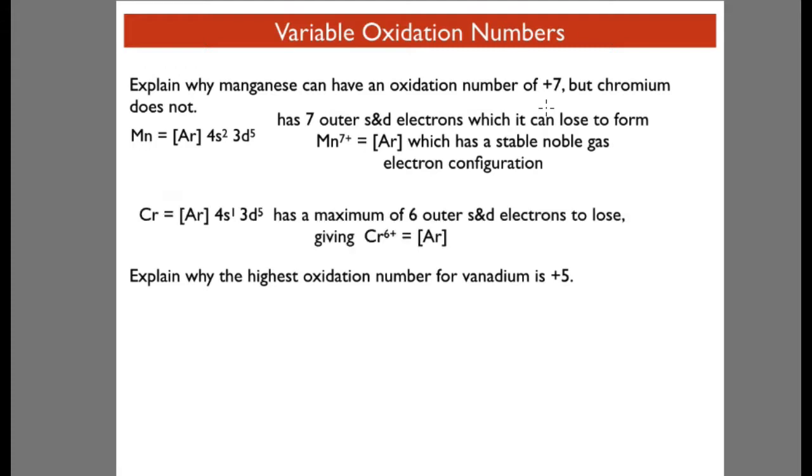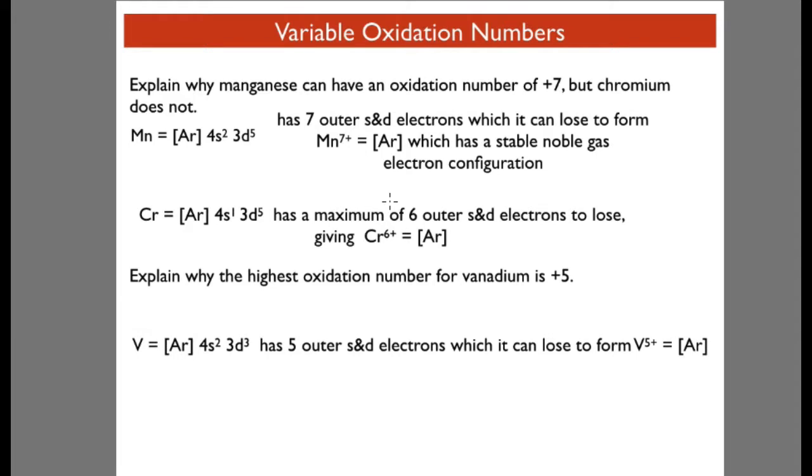But chromium only has 6 outer s and d electrons to lose, which will give it chromium 6 plus, and then it will form the stable noble gas configuration, and then it's unlikely to lose more electrons to form stable ions. In the same way, vanadium here has 5 outer s and d electrons, which you can use to form vanadium 5 plus, which will have the stable noble gas electron configuration.